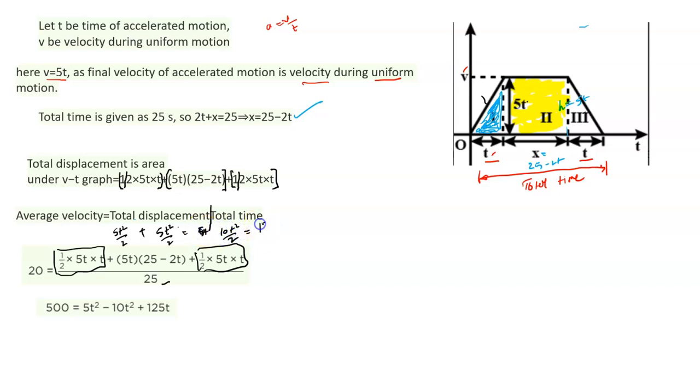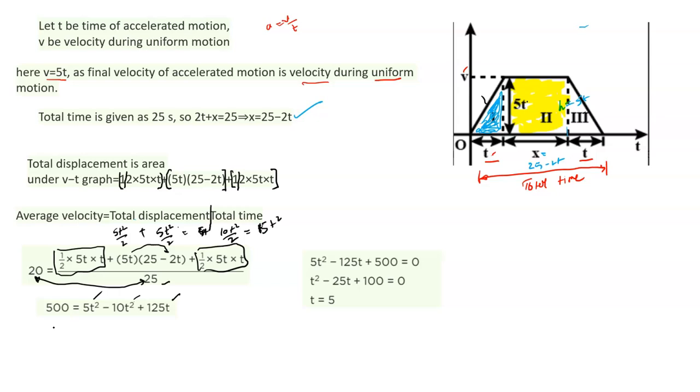So that is what you got, 5t square. On solving, you will be getting minus 10t square, 25t. 5t into 2t, that is 10t square, which is 25t. Divide 25 into 20. If you cross multiply this, you will be getting 500 there.